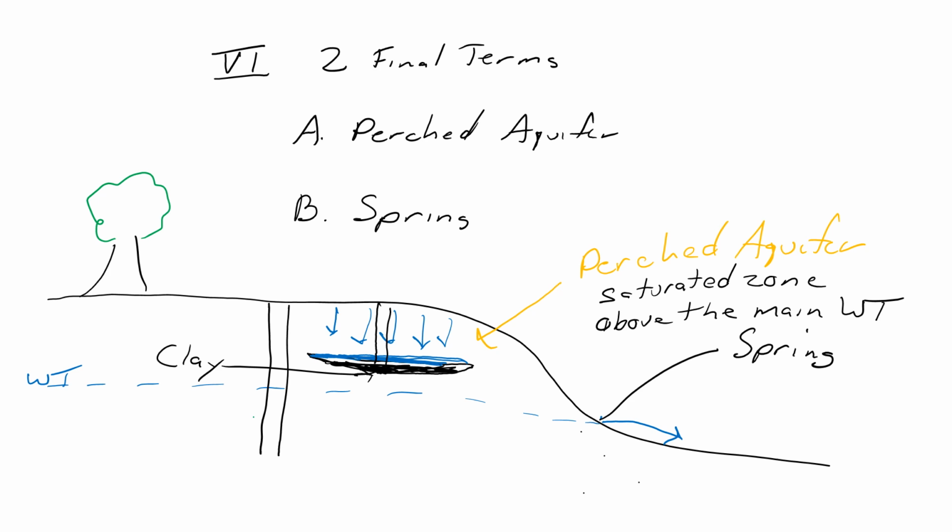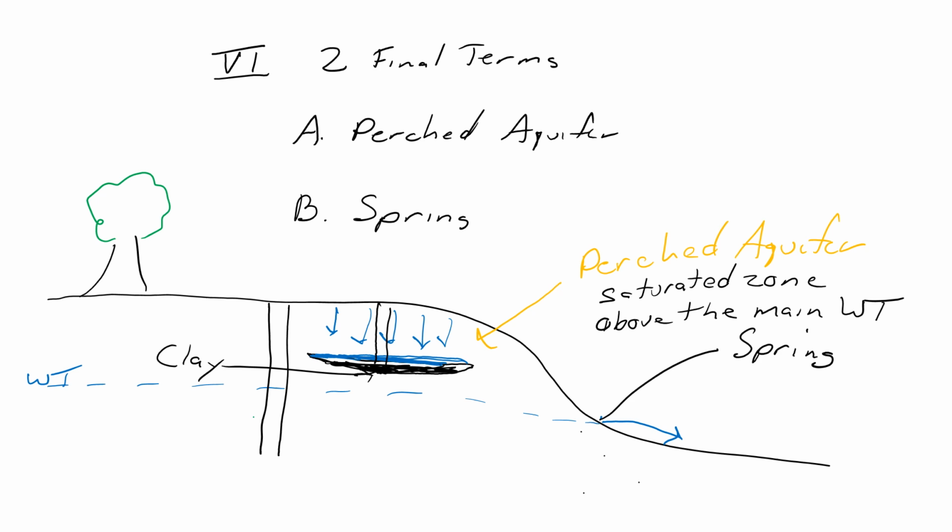Or if you hit it just right, you might be able just to drill into this perched aquifer, which is a little bit above. A lot of times these are big enough to hold enough water for households. So in some areas, if you're lucky enough to have one of these, and if you're lucky enough that your driller finds it by accident, because they're almost always found by accident, because there's really no way to see this in the subsurface, you can save a lot of money.